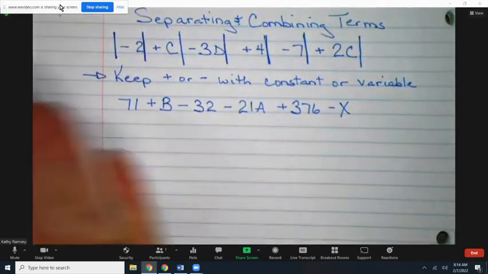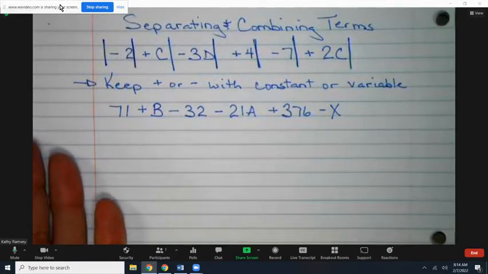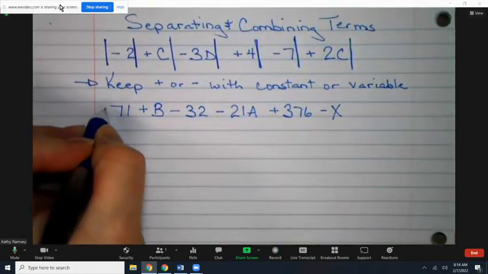Okay, so we've got a bunch of terms. I want you to take a moment and see if you can separate that out. Okay, I didn't expect you to get it done before I just interrupted you.